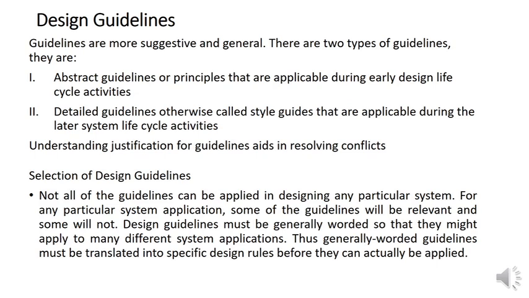Number 1, abstract guidelines or principles that are applicable during early design life cycle activities. Number 2, detailed guidelines, otherwise called style guides, that are applicable during later system lifecycle activities. Understanding the justification for a guideline aids in resolving conflicts.